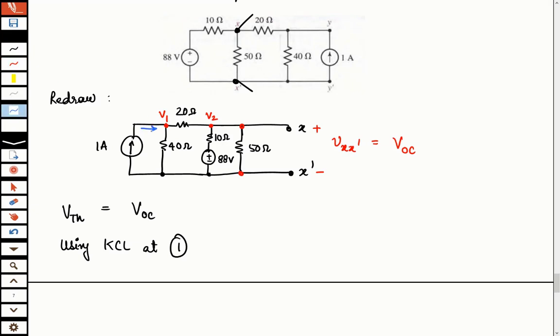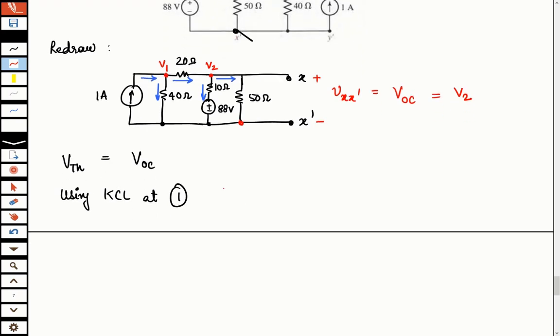So let's say, and so now do you see here that if I can find V2, that is only Vxx, right? This node. This is only VOC. So if I get two linear equations and if I solve and I can find V2, that is what is my Vxx.